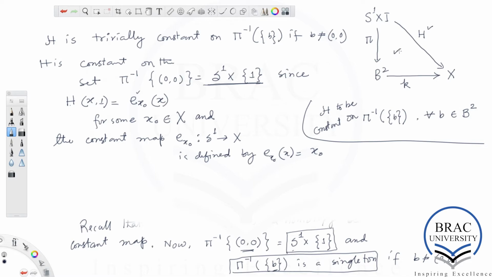So from this figure we see that this continuous map H induces a map K from B2 to X such that this diagram commutes. In other words, K composed with pi is equal to H. This holds by theorem 2. In addition, since H is continuous, K is also continuous.